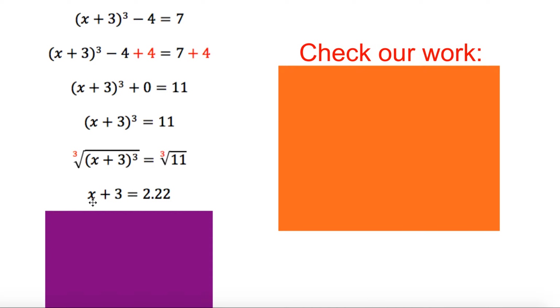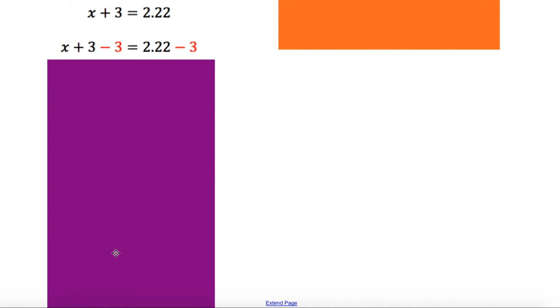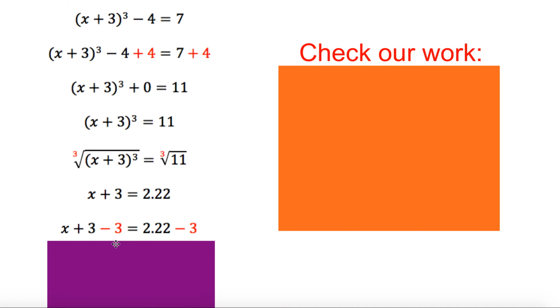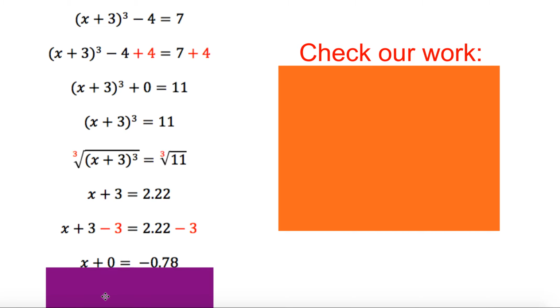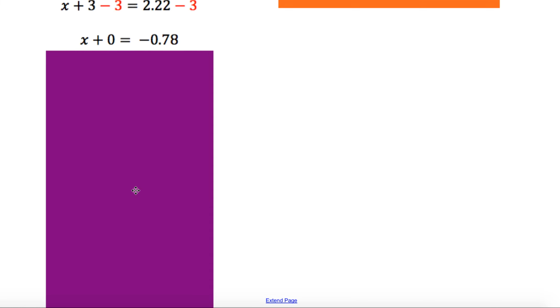Well, now we still want to have x all by itself, so we have this positive 3 here. We know in order to undo the 3, we have to add the opposite. So whatever I do to one side, we're also going to do to the other. So I'm going to add negative 3 on both sides. And here we know 3 and negative 3 are opposites and create a 0 pair.